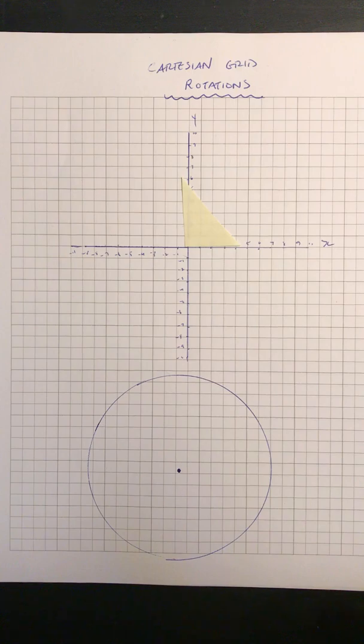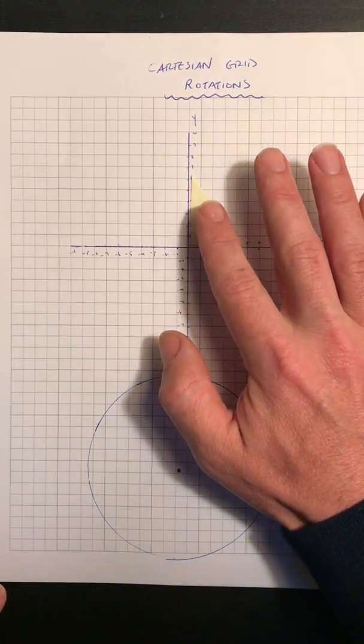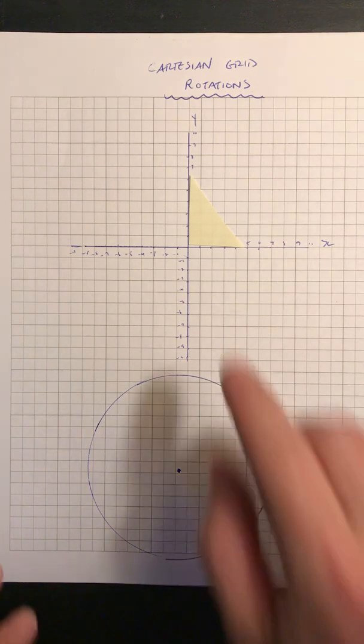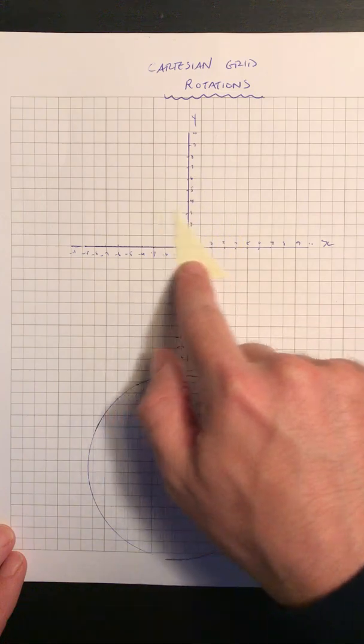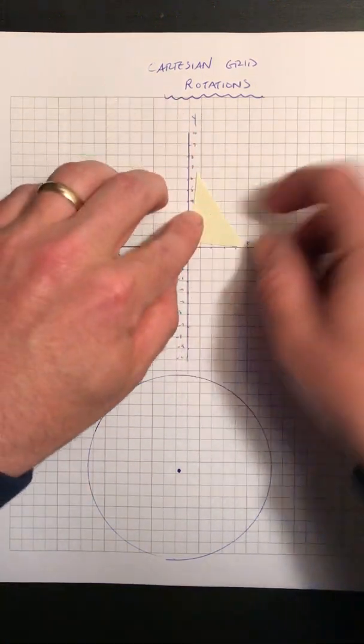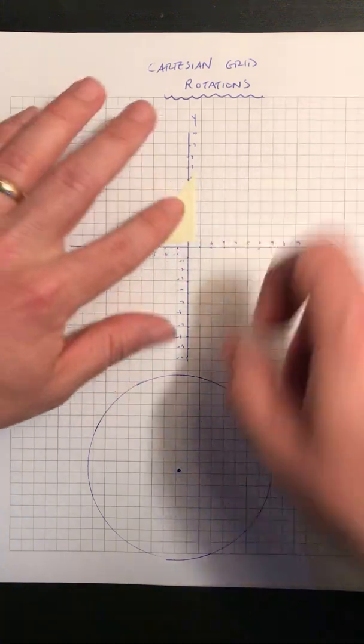Okay, so we're going to split this rotation lesson up into about 4 videos. It's just going to make it easier. They're going to be a bit shorter. Essentially, what we were doing was taking shapes and moving them around. Then we were taking shapes and reflecting them.